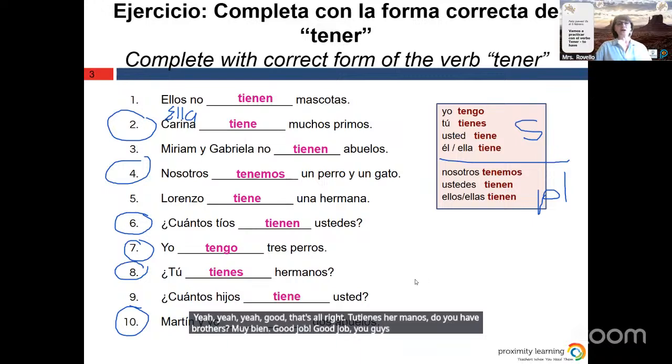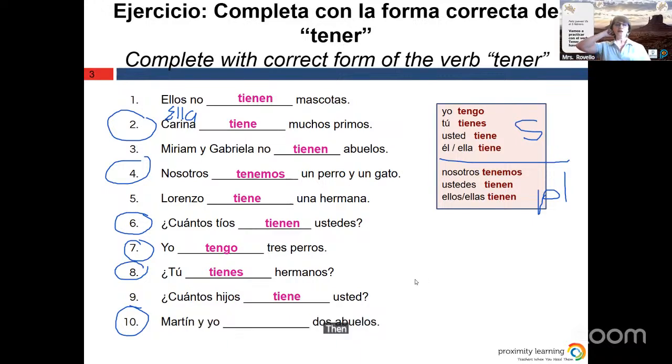All right. Then we had número 10. This one kind of threw some of us. Does anybody want to give it a try? Carlota, you want to do this one? Número 10, Carlota. Martín y yo tenemos dos abuelos. Perfect. Tenemos, you guys. Tenemos.